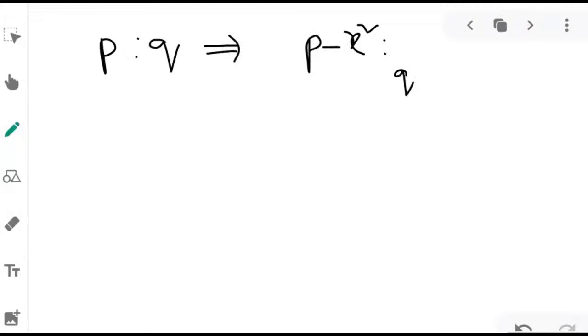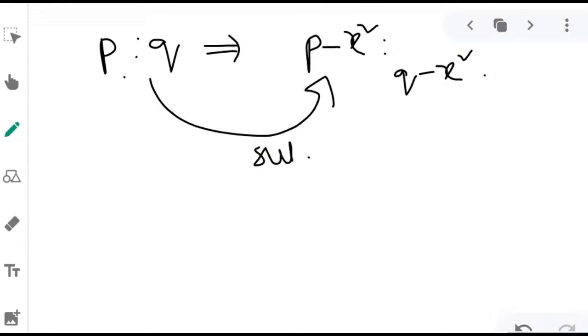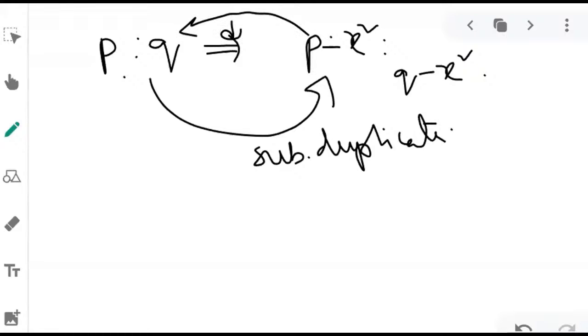First thing he's saying is p is to q is the subduplicate ratio of (p minus x square) is to (q minus x square). If this is the subduplicate ratio of this, then this is the duplicate ratio of this.